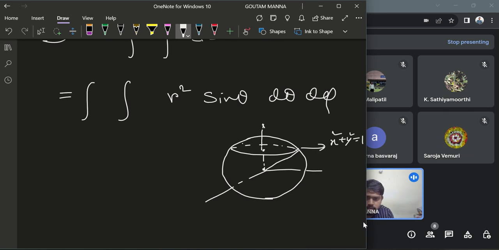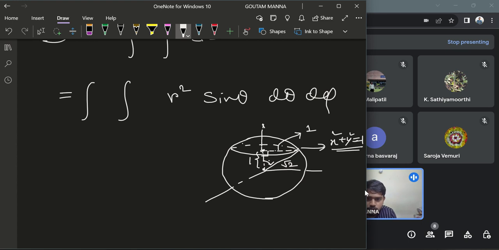This radius is root 2, right, and this is 1, so this length is also 1. Why is this upper length 1? It's because it's the radius of the x square plus y square equals 1 circle. And why is this root 2? Because it is the radius of the sphere, that is root 2, and as this is 90 degrees, this should also be 1.